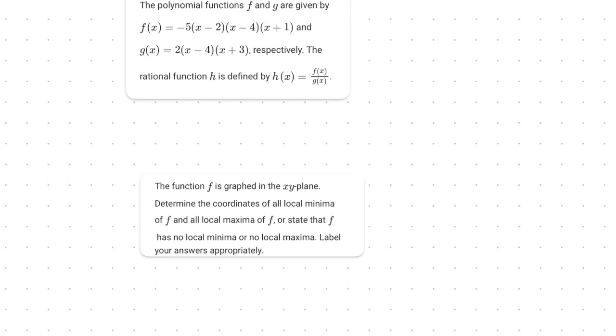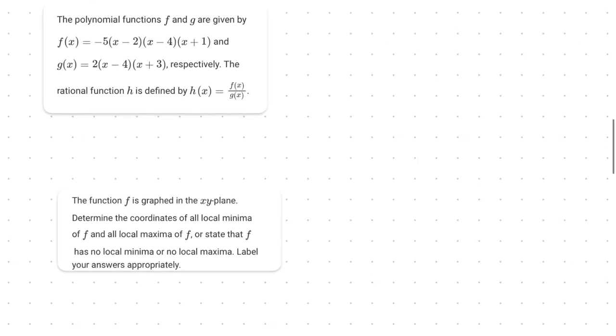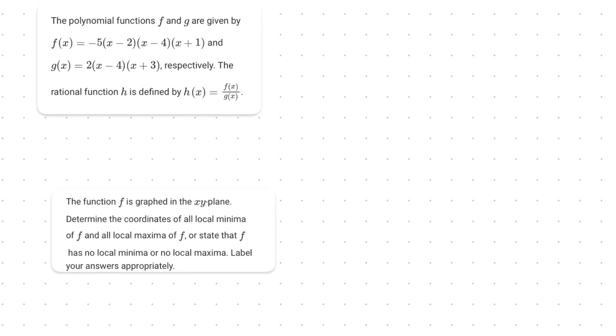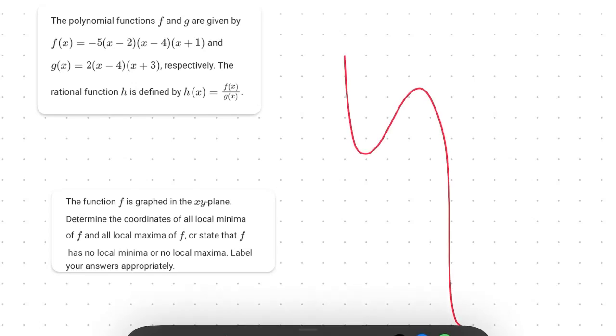So again, local minimum, local maximum is located in a certain area, and the global maximum is where you take in every single point that's possible and figure out what's the highest and what's the lowest. So typically, the function is going to look something along the lines of like this, right?